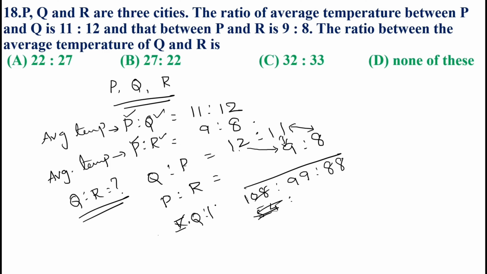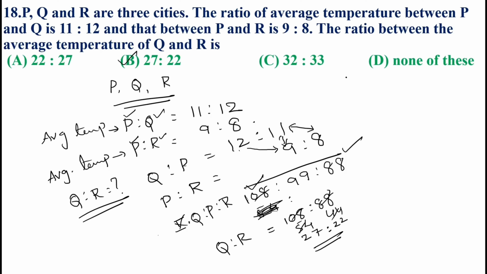P is to R. I need to calculate Q to R. You cannot cancel. 108 is to 88. Q is 108 and R is 88. So dividing by 4, 27 is to 22.